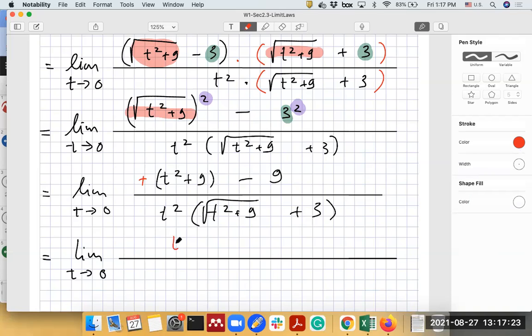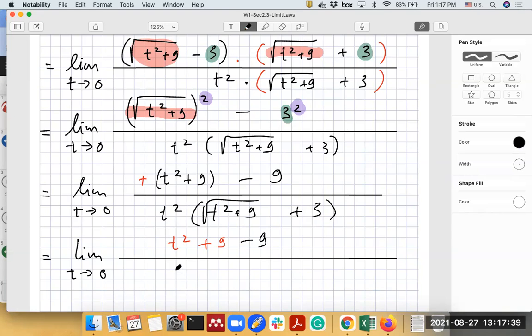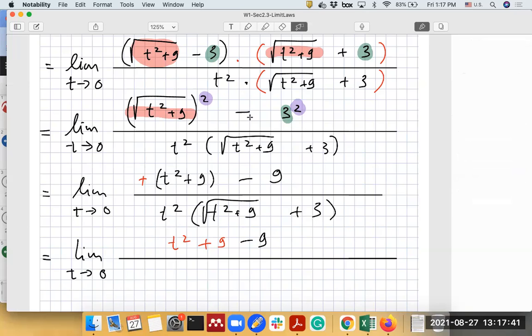So we can get rid of the parentheses without anything changed. But if in front of this is a negative sign, you should be careful. Okay? Good. Then subtract 9 and the denominator.